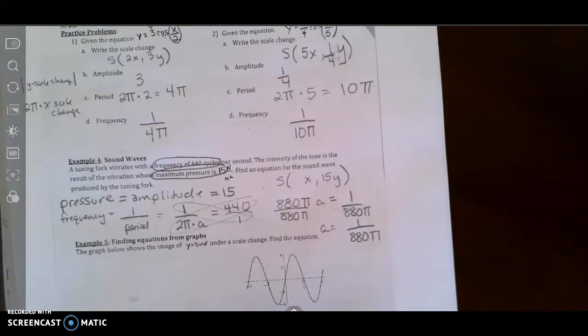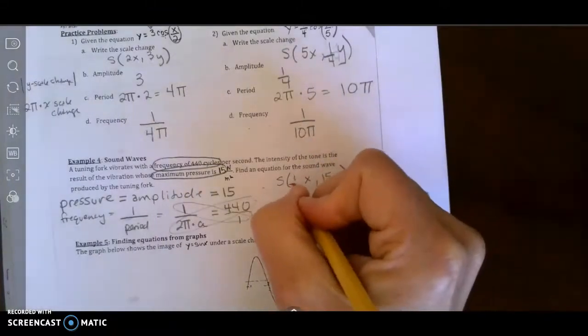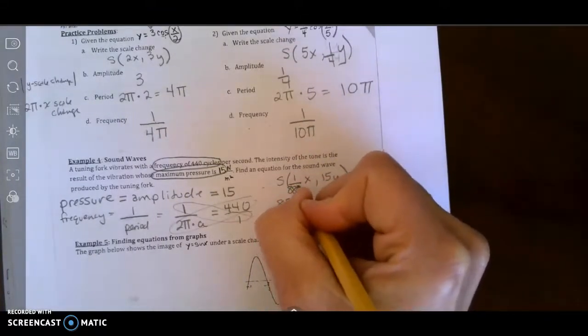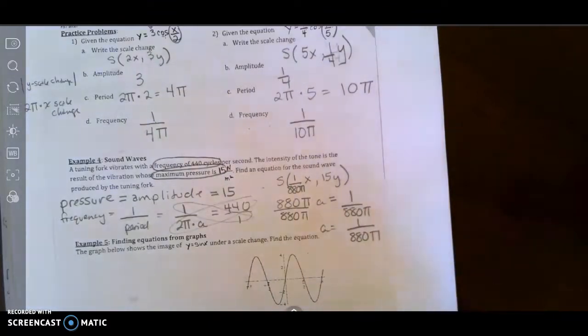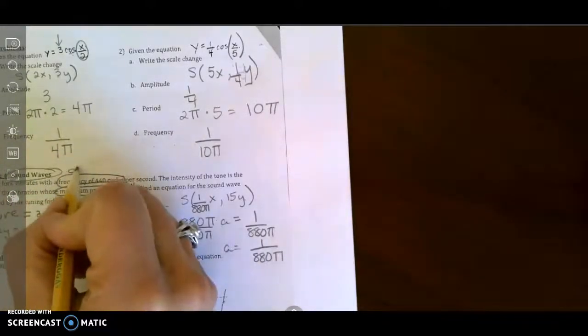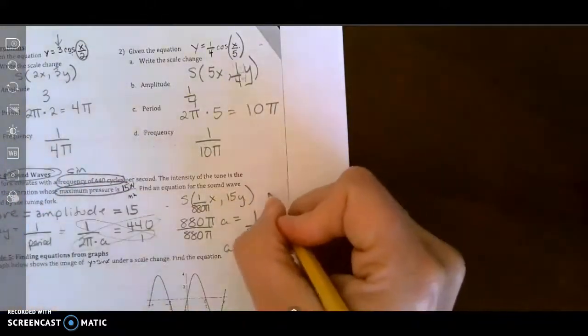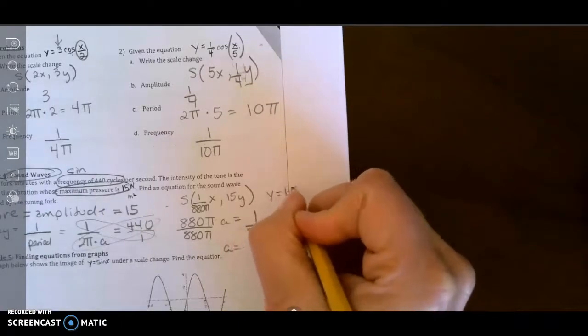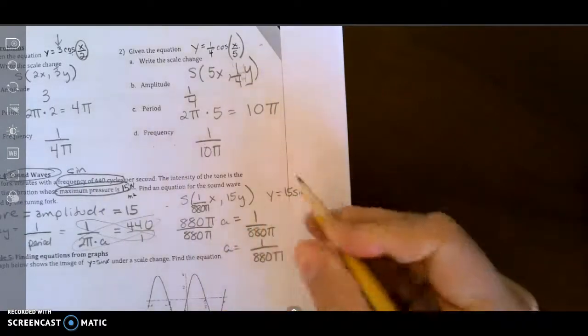So if that is my a value, that means it's 1 over 880 pi. When I go to write my actual equation, and for sound waves we're going to use sine, it's y equals 15 times the sine.